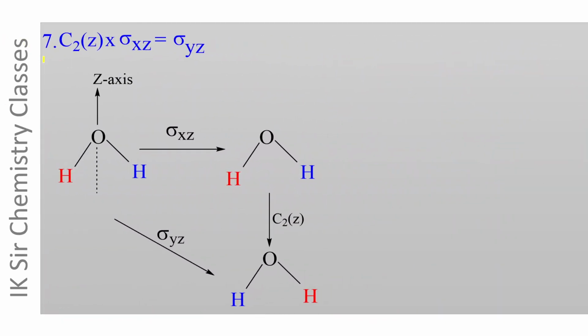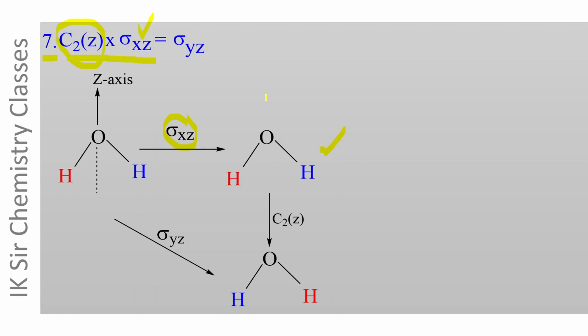Let us find out the product written at position number 7, C2Z into sigma xz. Here, the sigma xz operation written on the right hand side is carried out first. If this H2O molecule is reflected through the molecular plane, there will be no change in the orientation. Then we apply the C2Z operation, which is written on the left hand side.